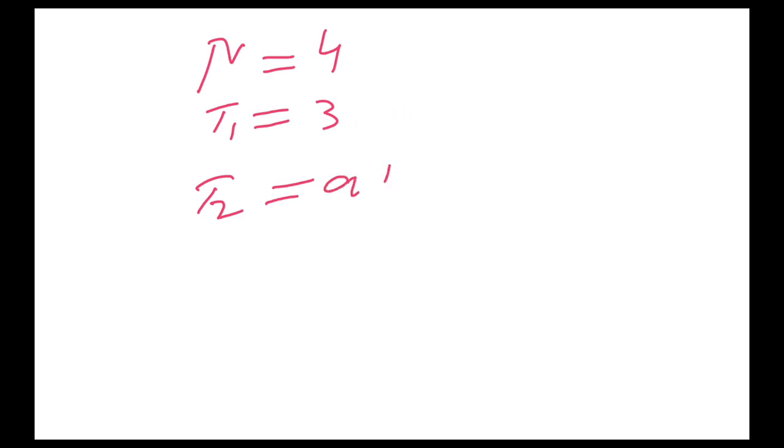Now we've got case 2 where the ratio r is equal to 4. In this case term 1 is obviously 3, but term 2 will change. Term 2 is a multiplied by r, so that's 3 multiplied by 4, which is 12.